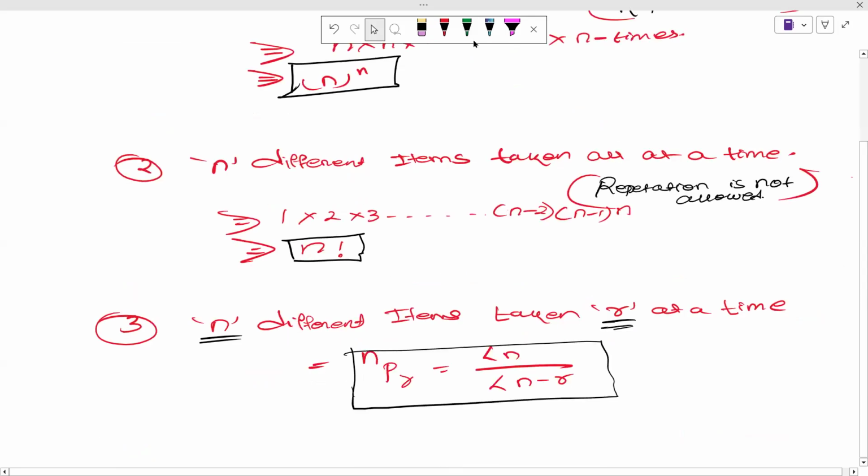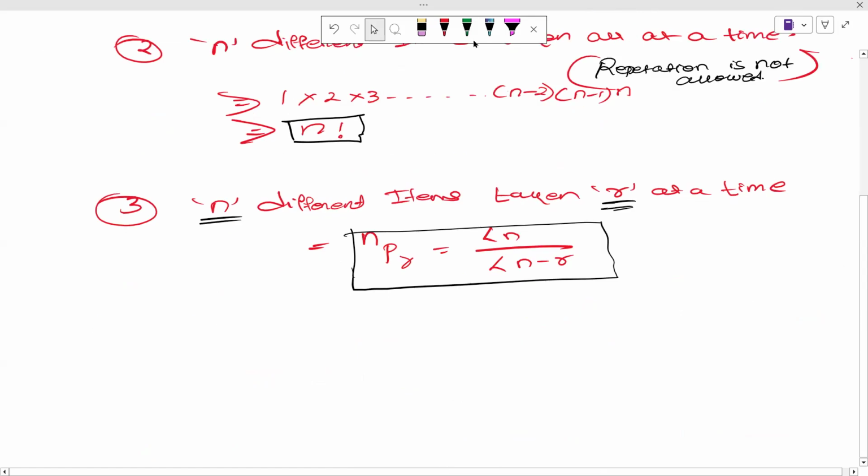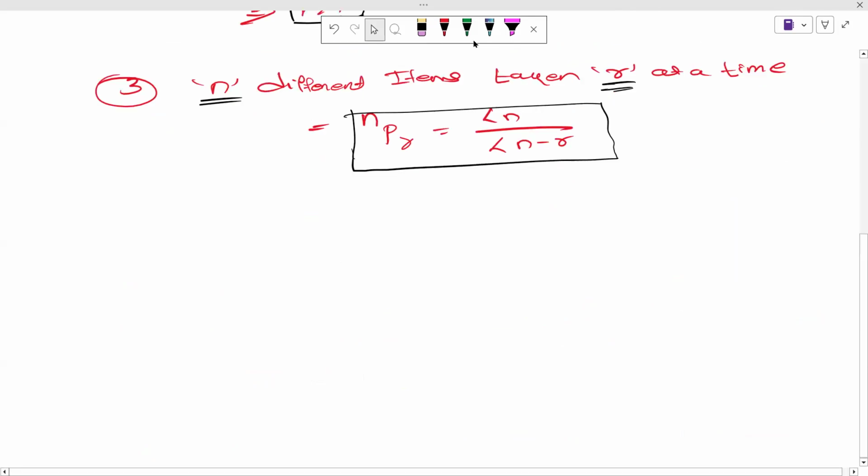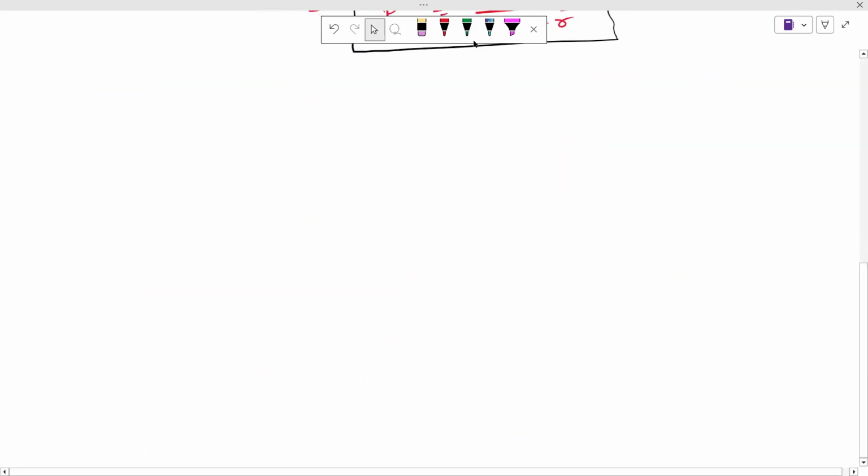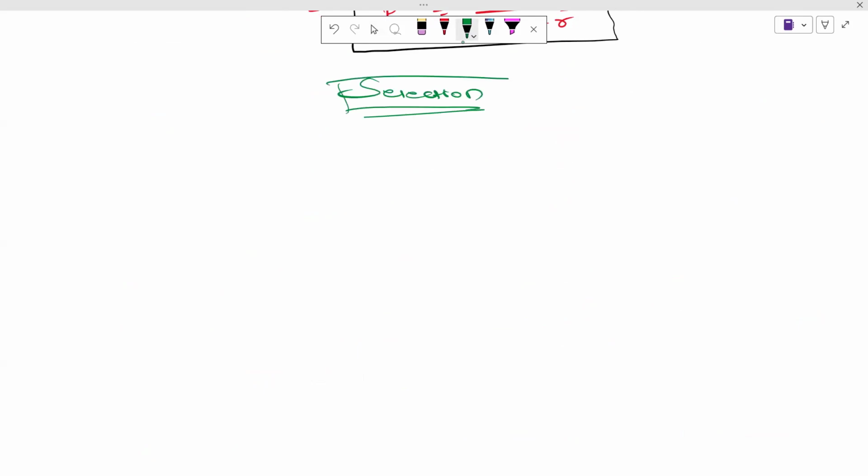If n items are arranged without repetition, then if one is out, it will never come back. So that's why it's n factorial, and this is nothing but permutations. So that is the arrangement part. Now let's go for the selection. What about the selections?